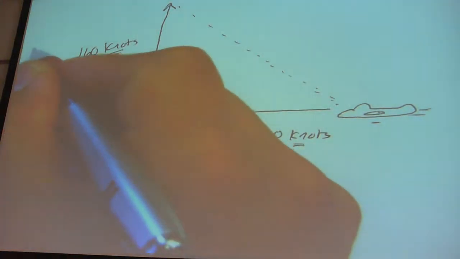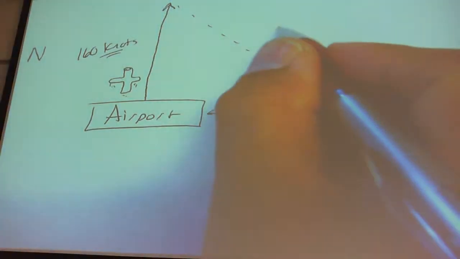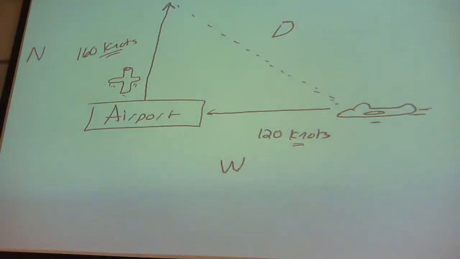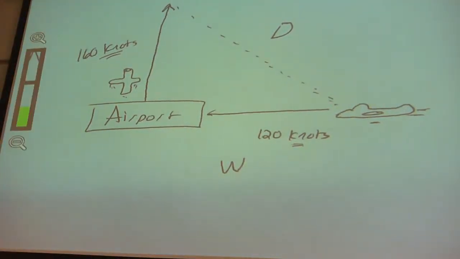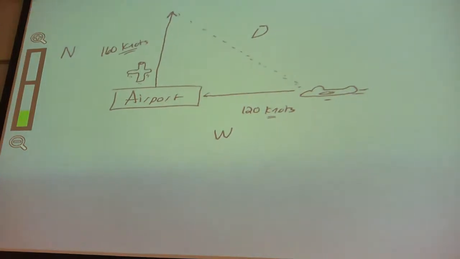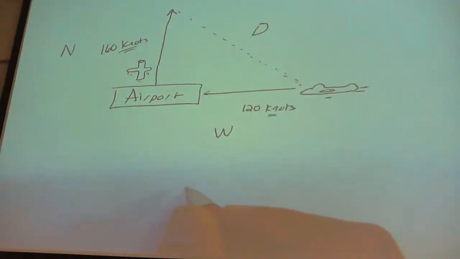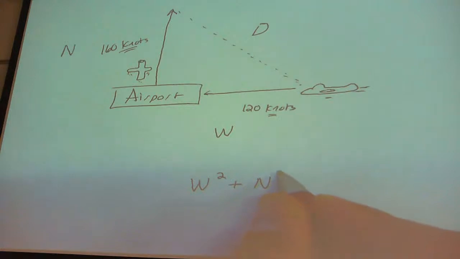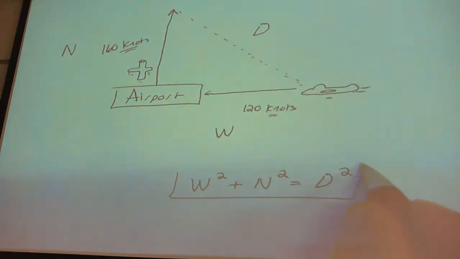Let's call this one N for northbound. And we'll call this one D for distance. So, I can take the westbound distance squared plus the northbound distance squared, and that's going to equal D squared. So there's my first equation.